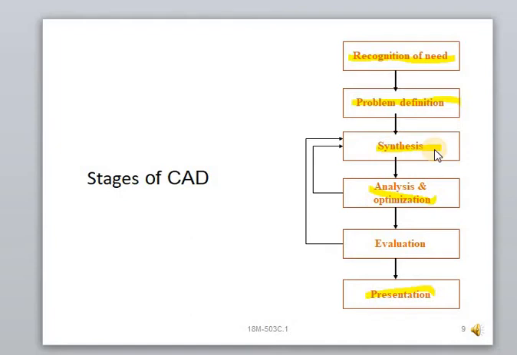The process is repeated until the design has been optimized within the constraints imposed on the design. So this is the iterative process. The components and subsystems are synthesized into the final overall system in a similar iterative manner.